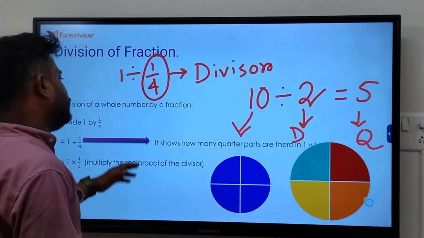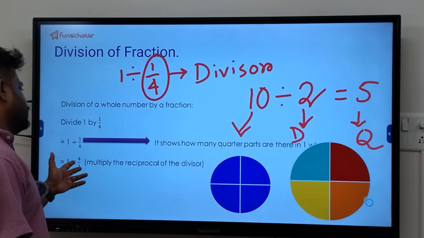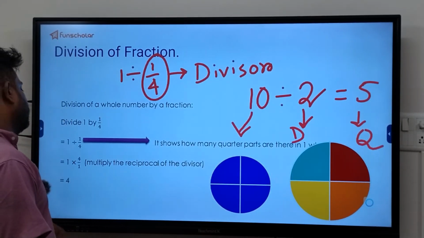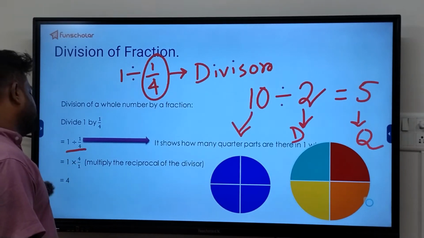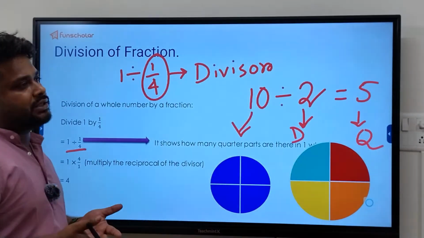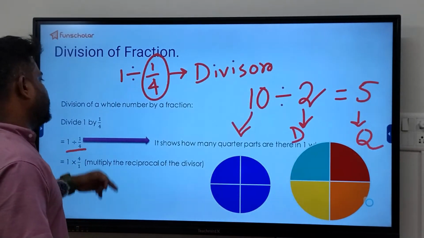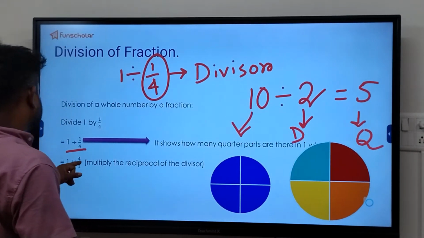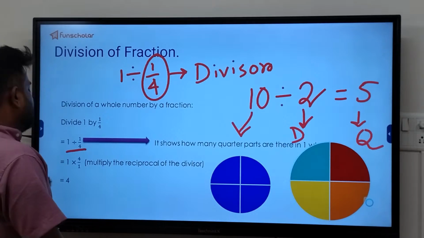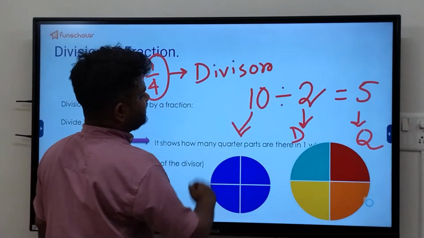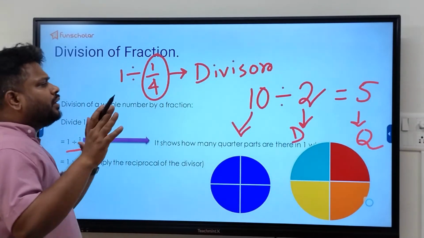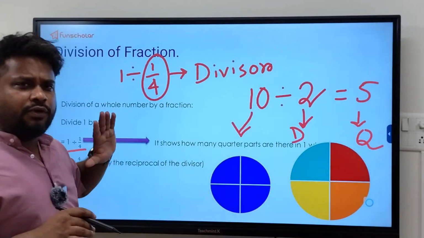Okay, so we will apply this here as well. Divide 1 by 1 by 4, then we can write it like this. Then we will just take the reciprocal of the divisor and multiply.